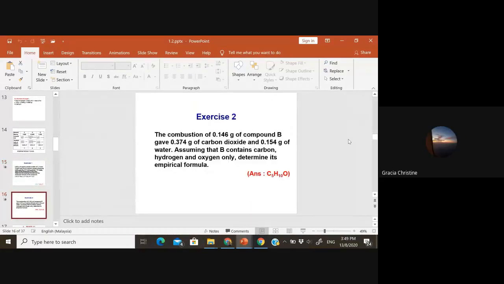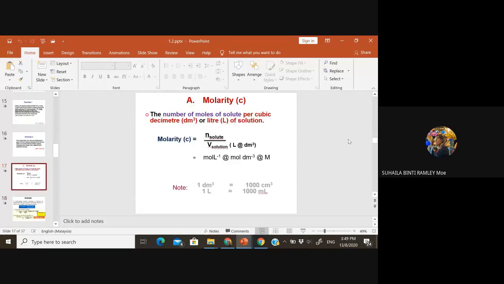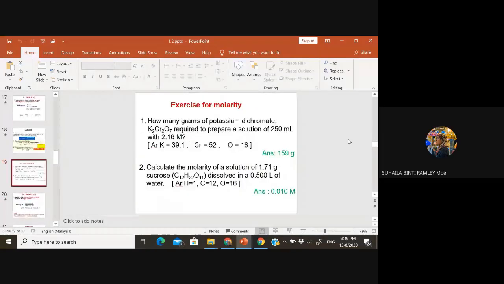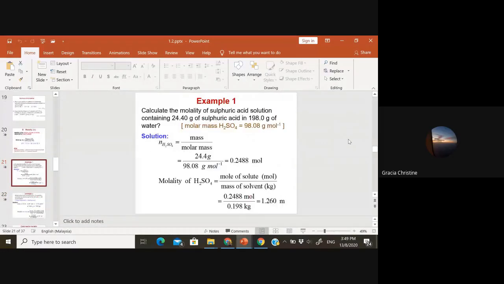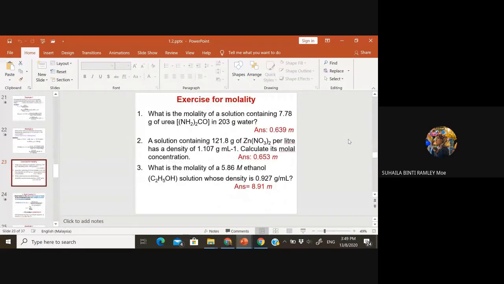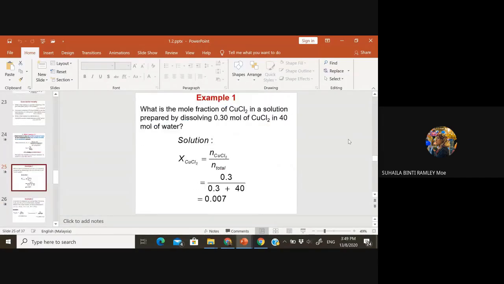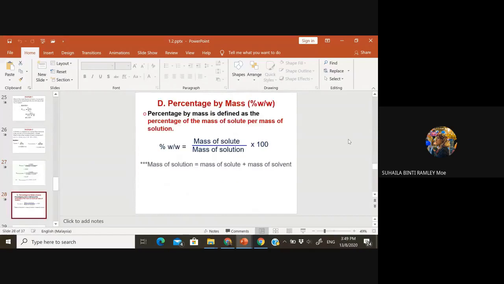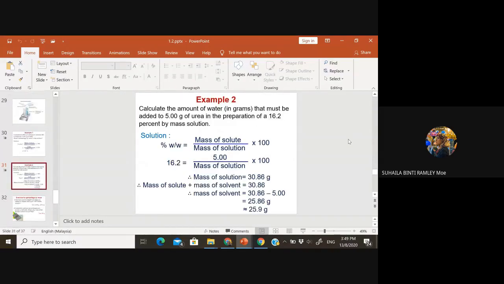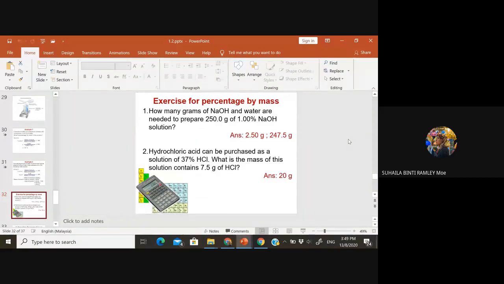So 2 here, and molarity 2. Molality 3. Mole fraction, no exercise. Percent by mass 2.